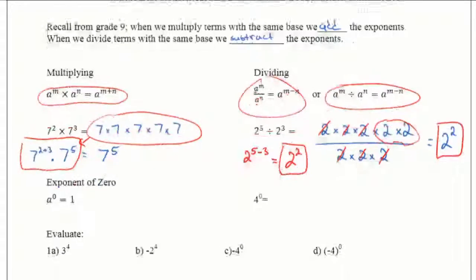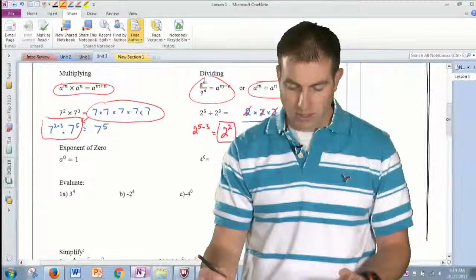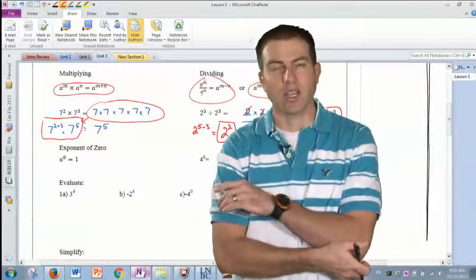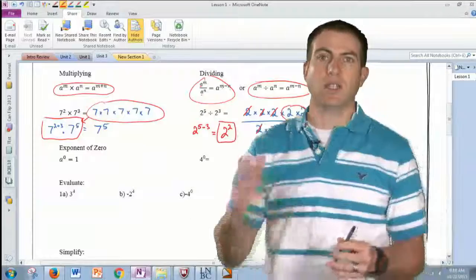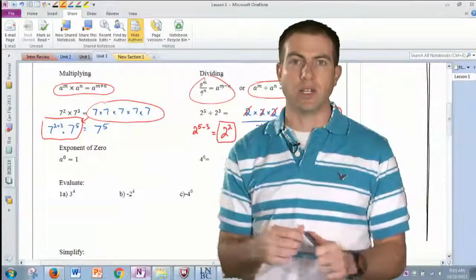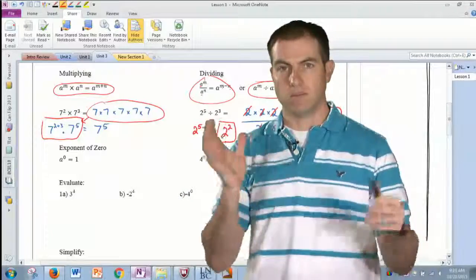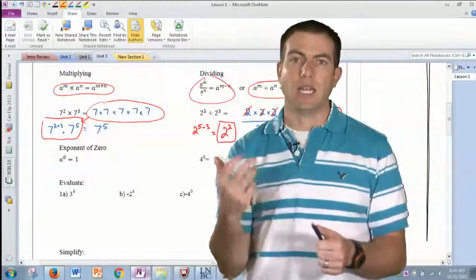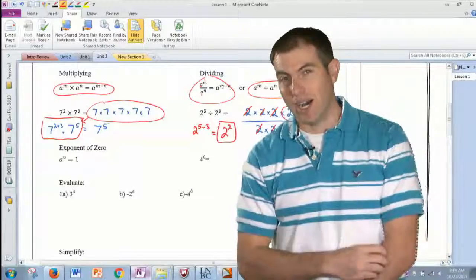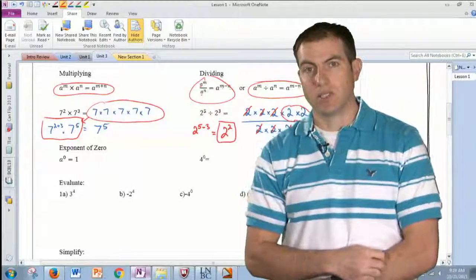This is kind of the tricky one, because you'll find that these exponents of 0 kind of get thrown into questions. You'll be doing some division or multiplication. All of a sudden you'll end up with something in the power of 0, and then you'll just keep on using it. And you forget that anything to the power of 0 is equal to 1. Does anybody remember why something to the power of 0 is always equal to 1?